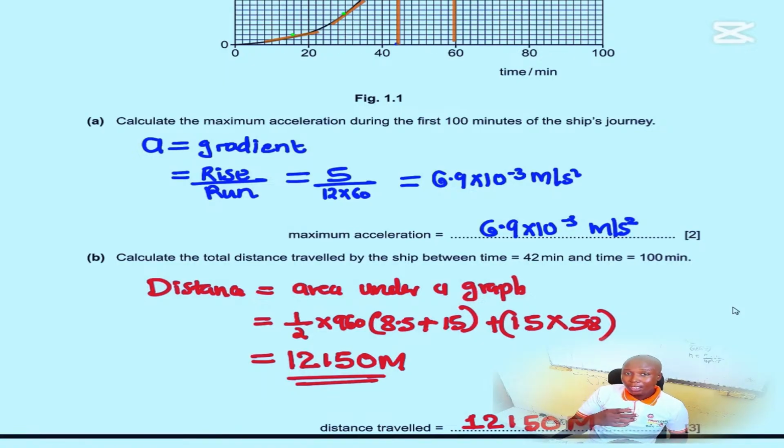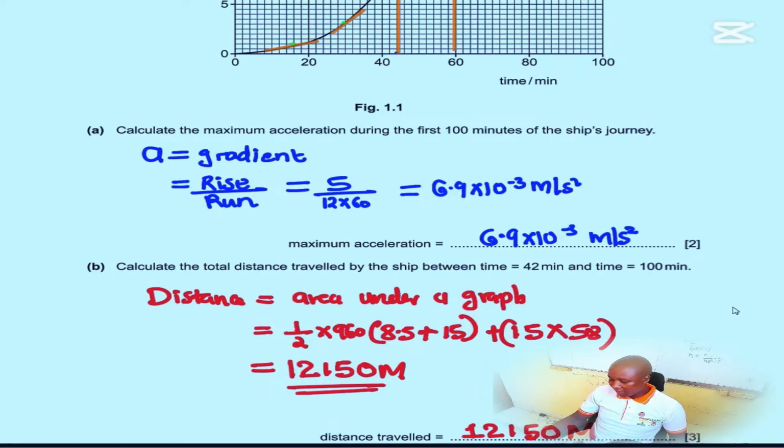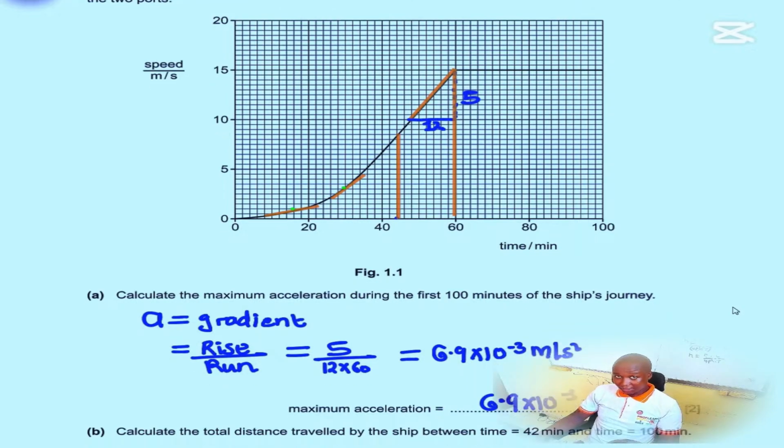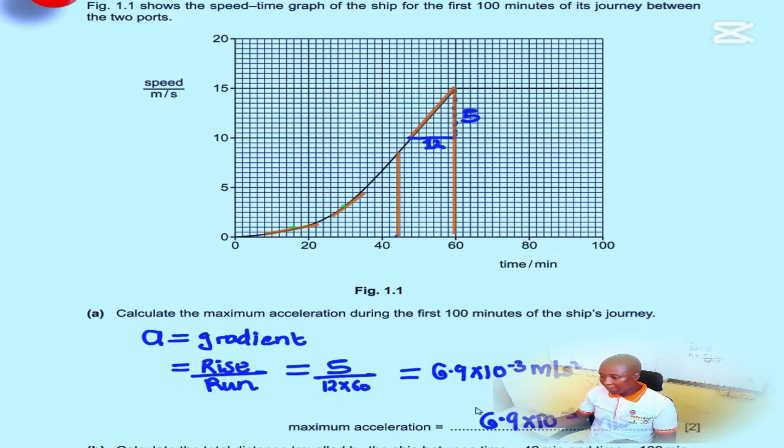So don't use the formula that distance is speed times time in this part. If you are given a graph, remember the area under that section represents the distance covered.